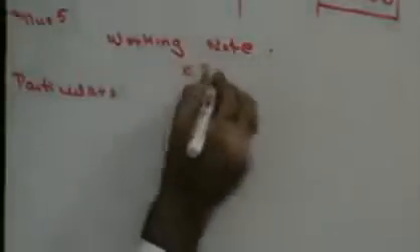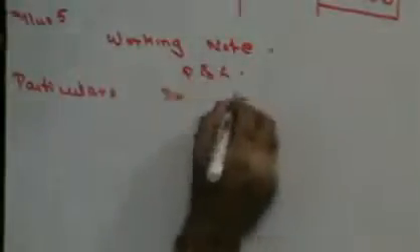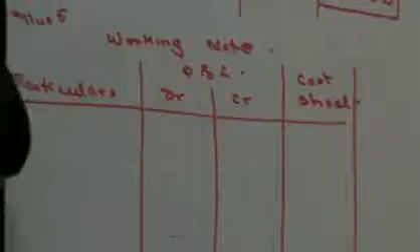Particulars, P&L, debit, credit, cost sheet. Let's start. From the following, prepare the reconciliation statement. Net profit as per financial accounts, we will see that when we do the fair work.